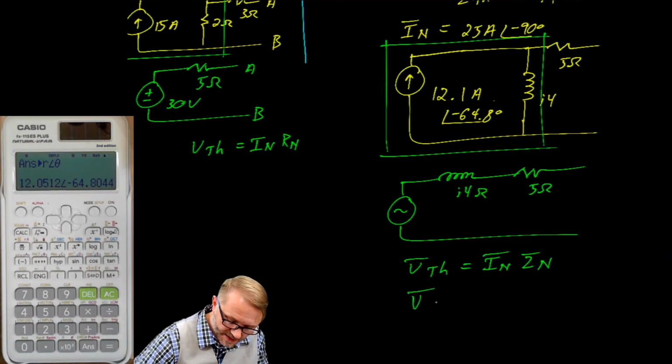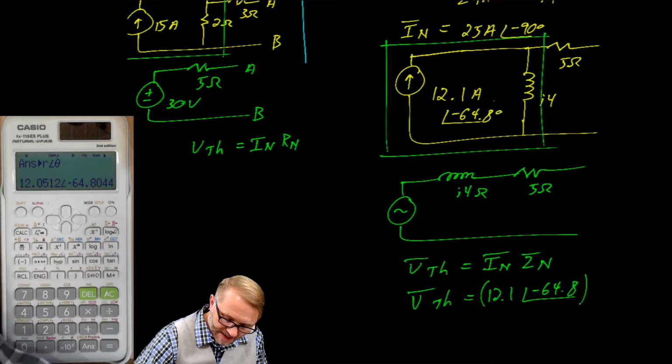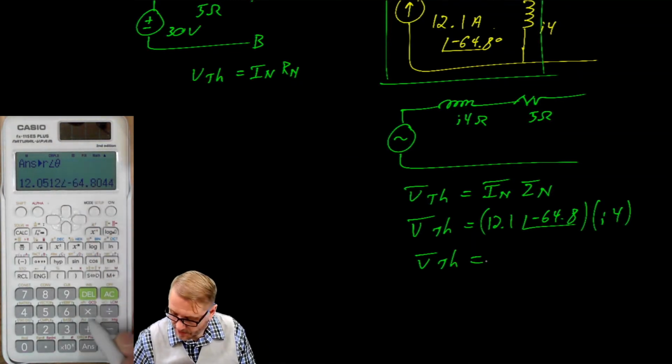So in this case, that is 12.1 at a phase angle negative 64.8 times J4. We already have the current entered, so we're just going to multiply that by J4.